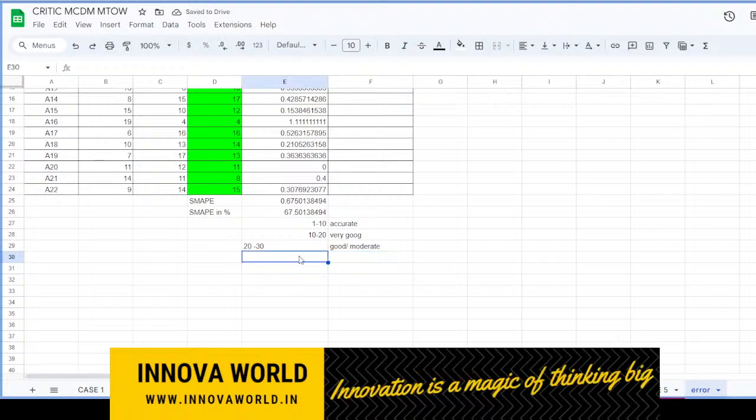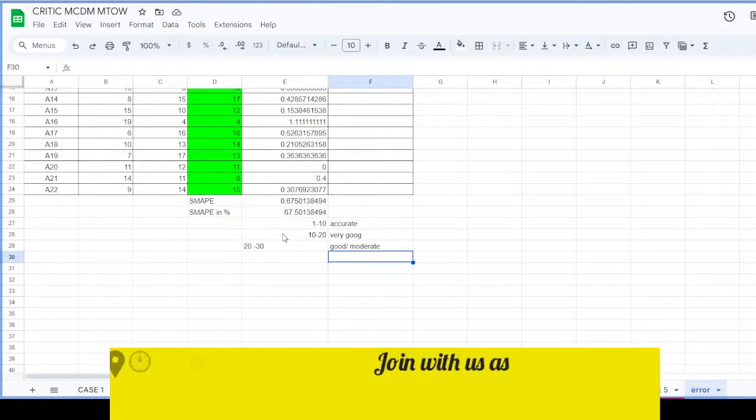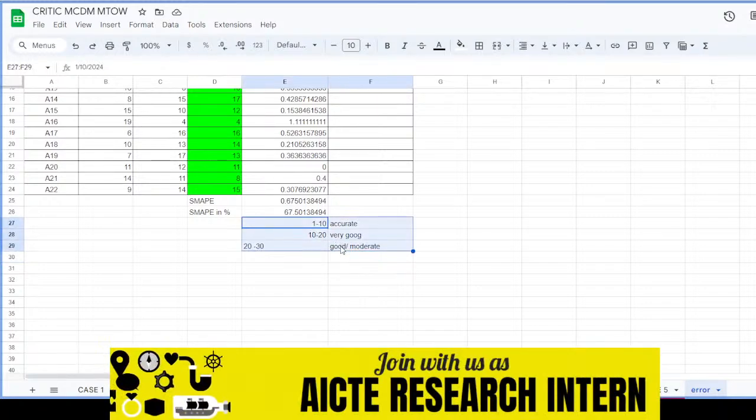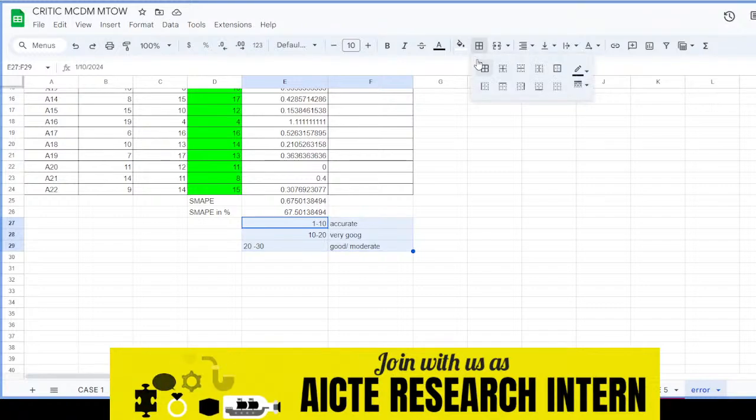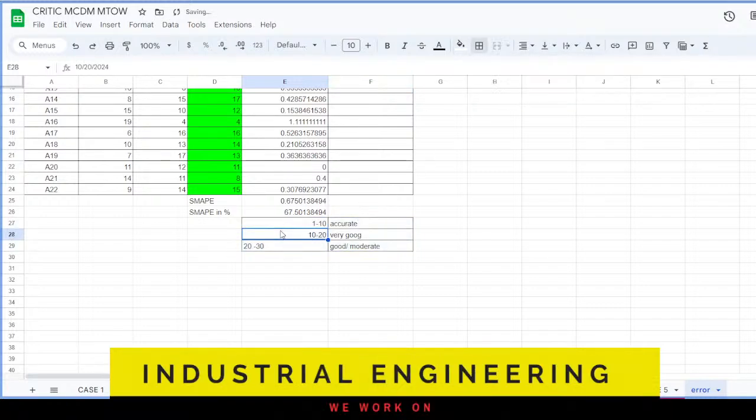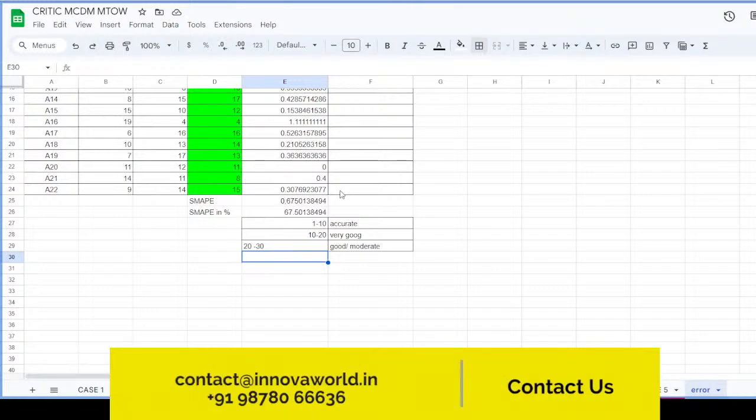Beyond that, the error starts. So if you're getting any model in between this, it is quite an acceptable zone. Beyond that, the error is quite large.